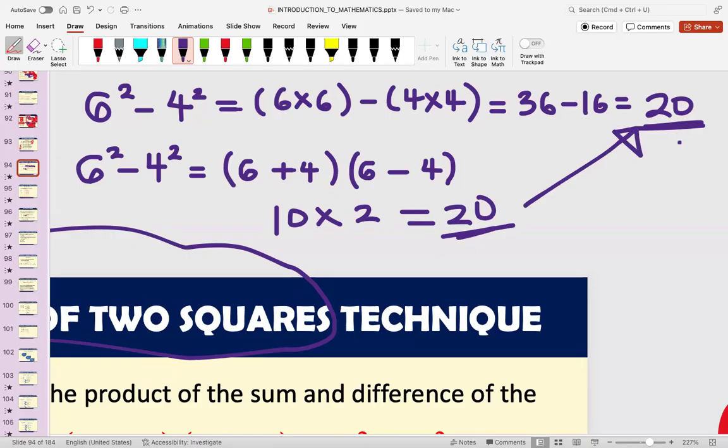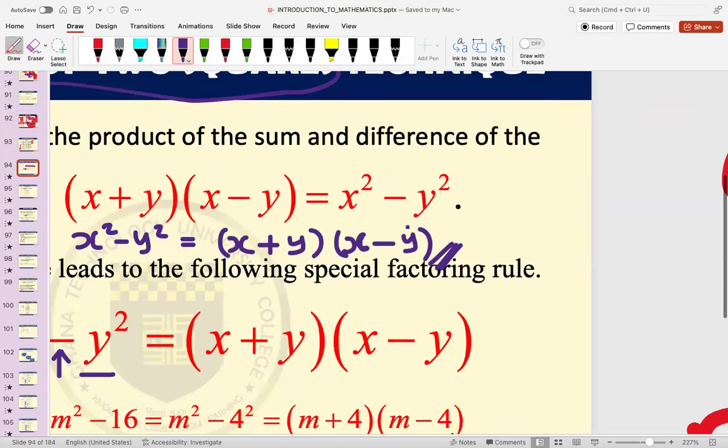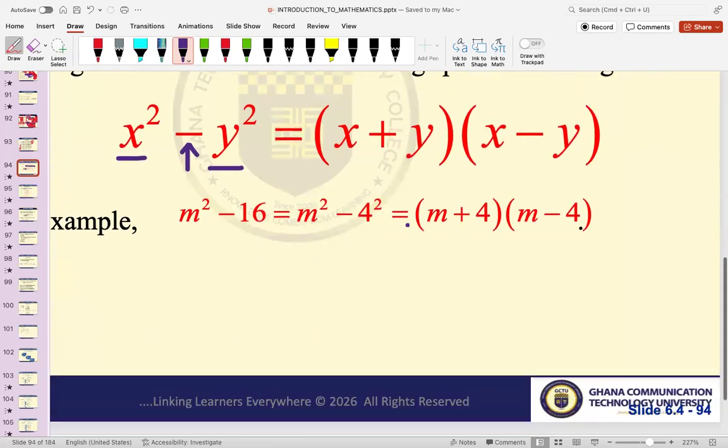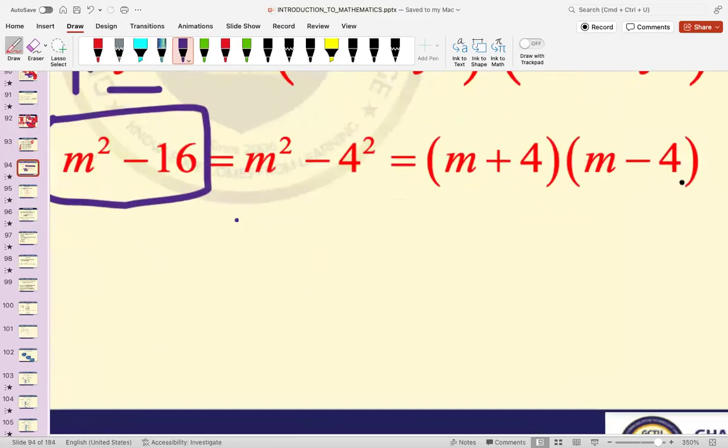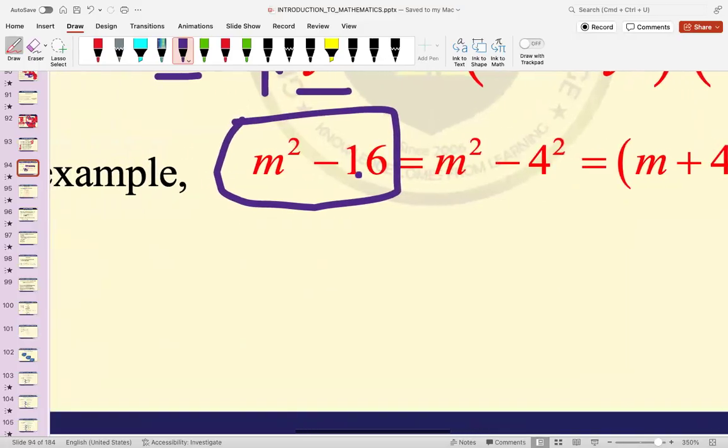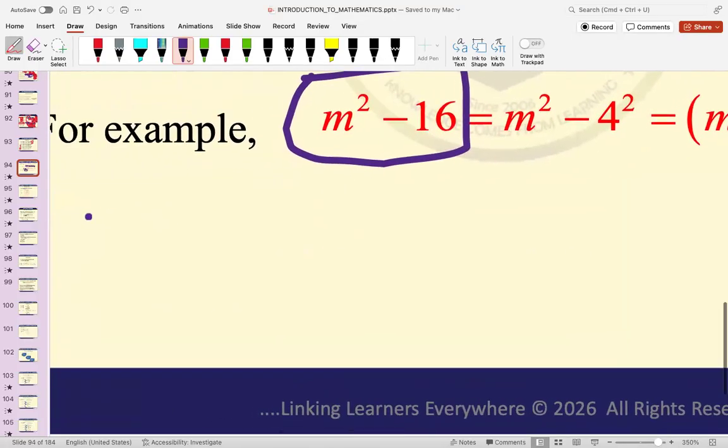So it's just a technique that repeats first number, repeat second number, change direction, move to positive, move to negative, and then the result is there. So when you are given algebraic expressions which look complex like this, and they want you to find the result of m squared minus 16, how do you go about it?